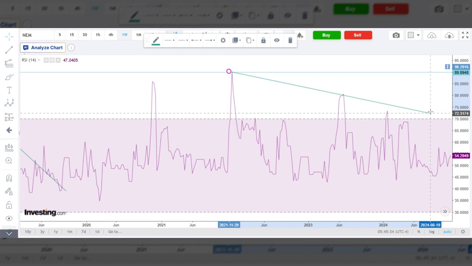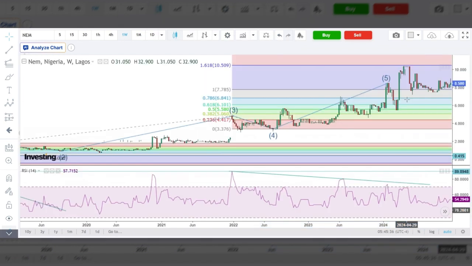So when you see divergence like that on RSI, just know that an upcoming bearish signal is on the way, and it always comes with low volume, with five low volume. And you can see that people are taking massive profits here after this three long run. People are taking profits and still taking profits.